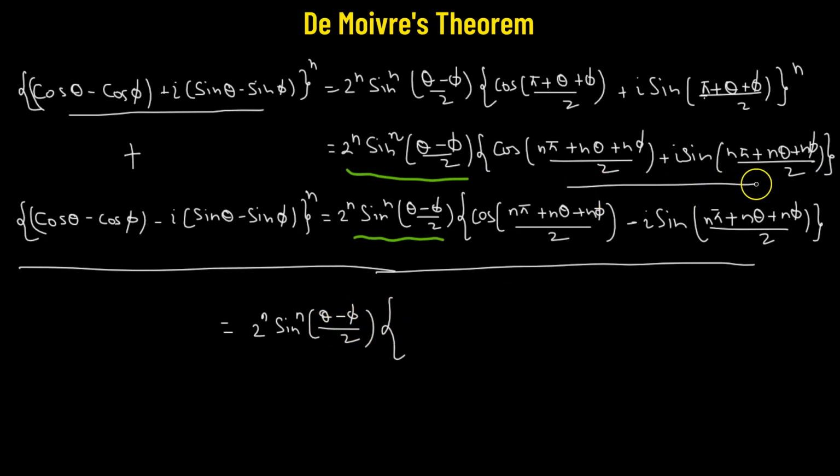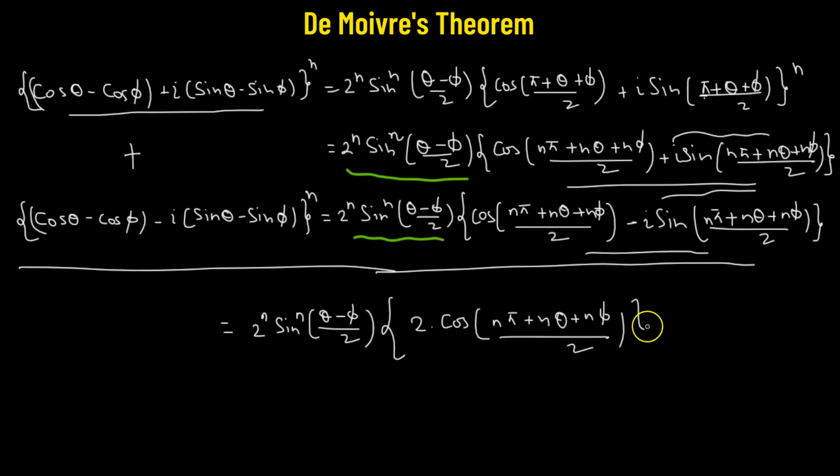Now when we add the two expressions, the imaginary part cancels out because they are additive inverses of each other. So we'll only have the real part, but that will be 2 times the real part, which is cosine of (n pi plus n theta plus n phi)/2. And 2 raised to the power of n and 2 get multiplied to give us 2 raised to the power of n plus 1.